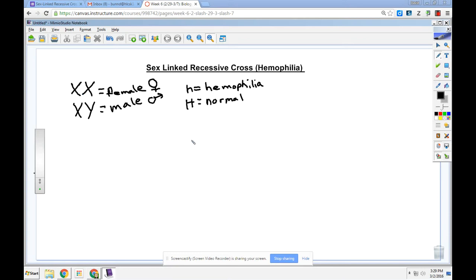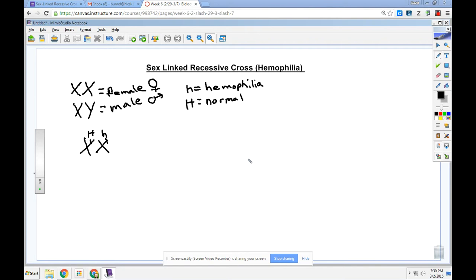But basically, a disorder like this would be represented on the X chromosomes, and in a case where you have a female who is normal but passes the disease on to her family, we would represent it like this. We would show the two X's, but then we would also put the gene on there. I'm going to represent this bar as a gene, and this is a normal big H. So that female has a normal gene for clotting, but she also happens to be a carrier for hemophilia.